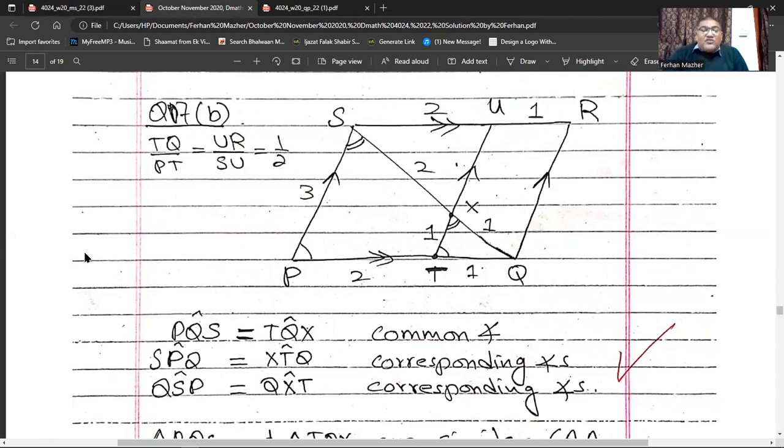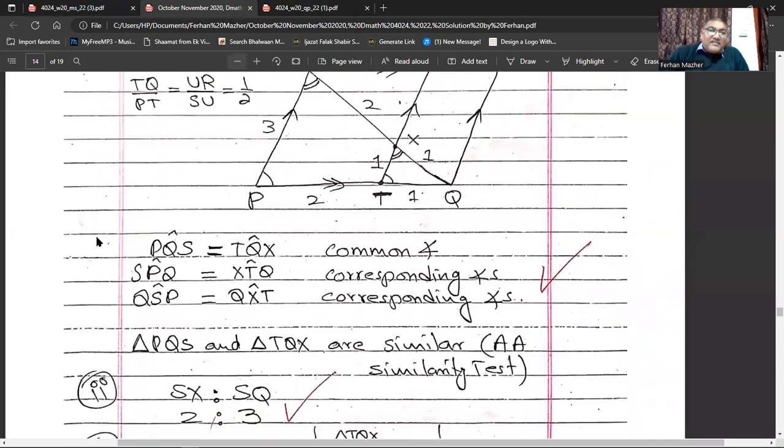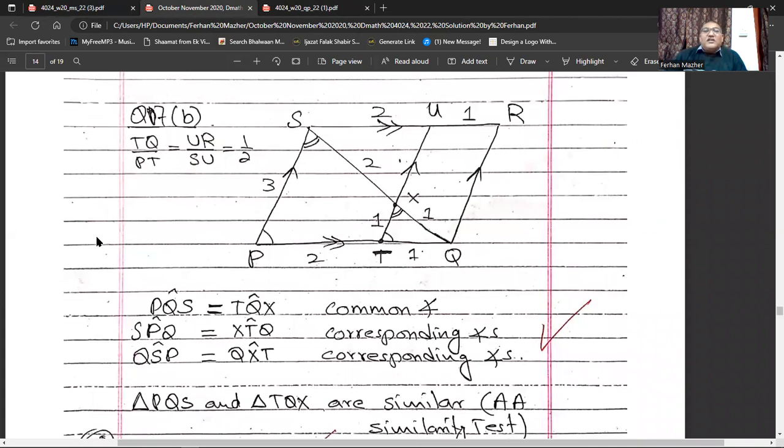The reason is they are corresponding angles. So from here, I can say triangle PQS and triangle TQX are similar, and the logic is angle-angle similarity test. This is what you have to write there. Okay. Question number 7 is B part.